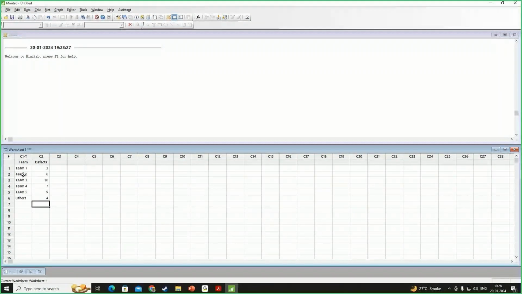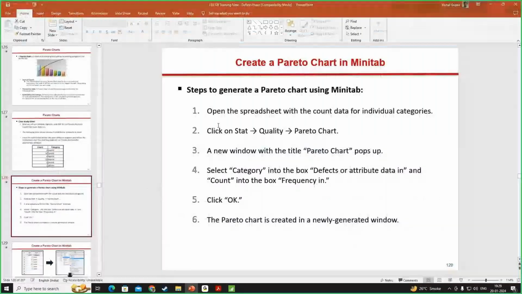If you see, this sheet looks similar to an Excel sheet or a worksheet, but here the column names have to be entered on top. The data only comes in this section. Okay, now let's go back. They are saying open the spreadsheet with the count data of individual categories. We have done that. We have opened a worksheet and entered the data here.